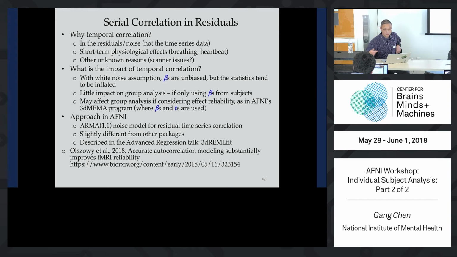Also, in group analysis, sometimes people do take both beta and the T statistic to group analysis. Why would people do that? That's because in the traditional, simple approach, you only take the beta values, and you do make an assumption: you assume all the betas are equally reliable.